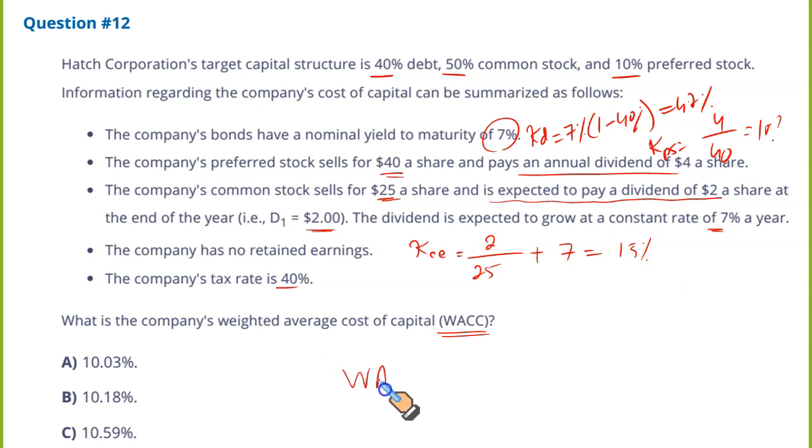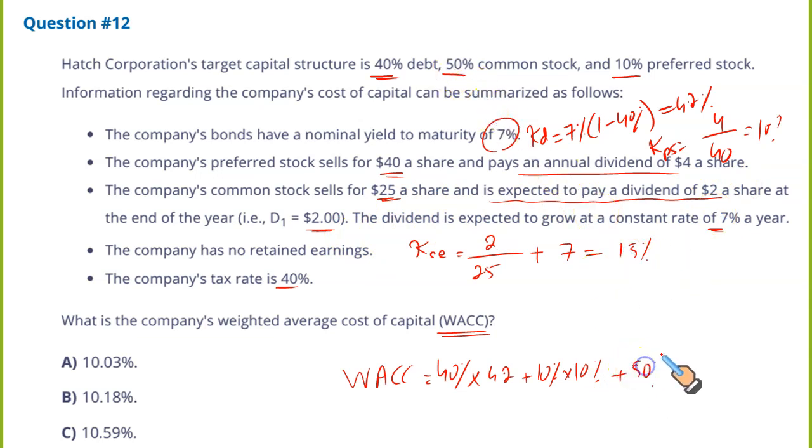There we go. Weighted average cost of capital. Your debt is 40%. The cost of debt is 4.2. The cost of preferred stock is 10% as well. Weightage is 10%, cost is 10%. The cost of common equity, we have just calculated 15%, weightage is 50%.